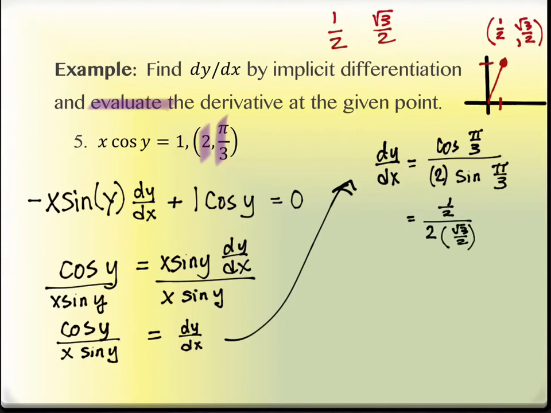And we want to clean it up. We want to rationalize the denominator because we have numbers that are underneath radicals here. These 2's are going to cancel. Right now I have a 1/2, and it's divided by square root 3. So that means it's the same thing as times 1 over square root of 3. So this is now 1 over 2 square root of 3. How do we rationalize that?